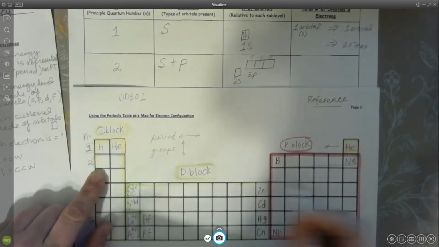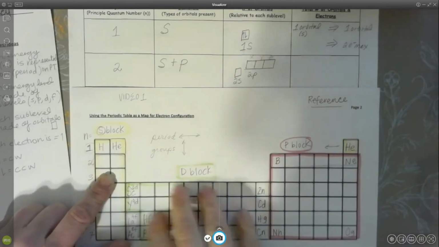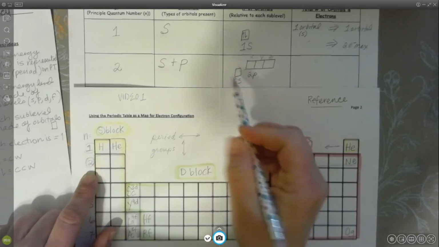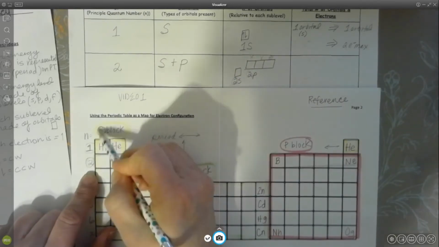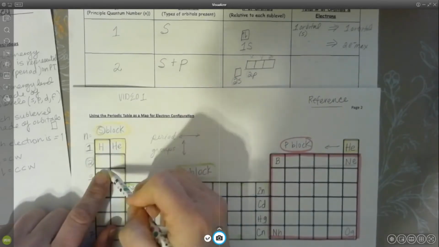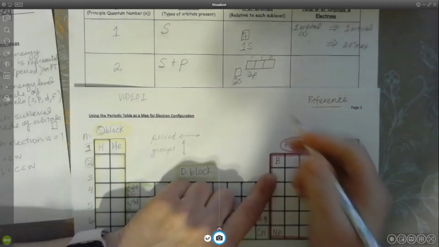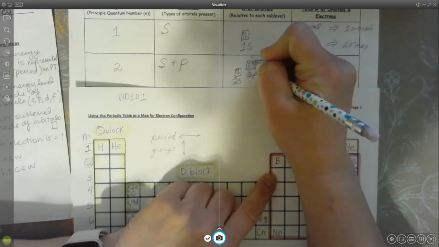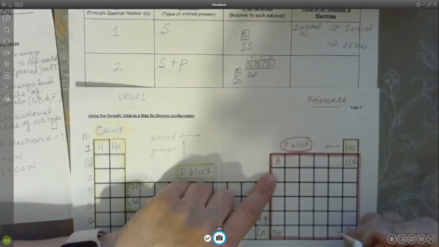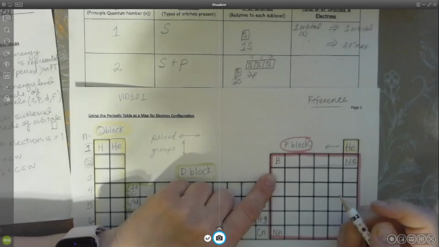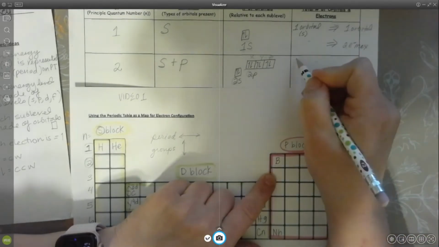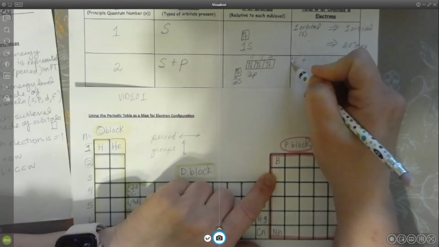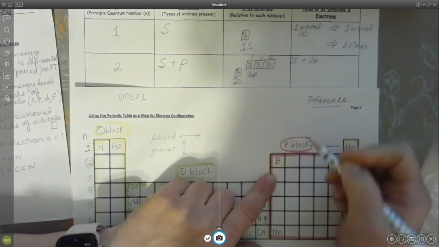So now I only have s and p. There's no d, there's no f. These are the only 2 that I have there. And I'm using the block letters to tell me what the sublevels are. So the types of orbitals that we have are an s, and we have 1 s and 3 p's.